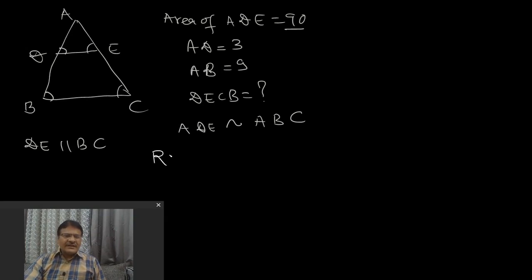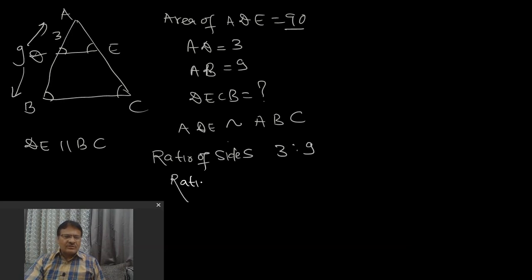Now if the triangles are similar, then the area ratio is the square of the sides ratio. So the ratio of sides: this AD is given to you as 3, and this AB is given to you as 9. So the ratio of these two corresponding sides is 3:9, which simplifies to 1:3.